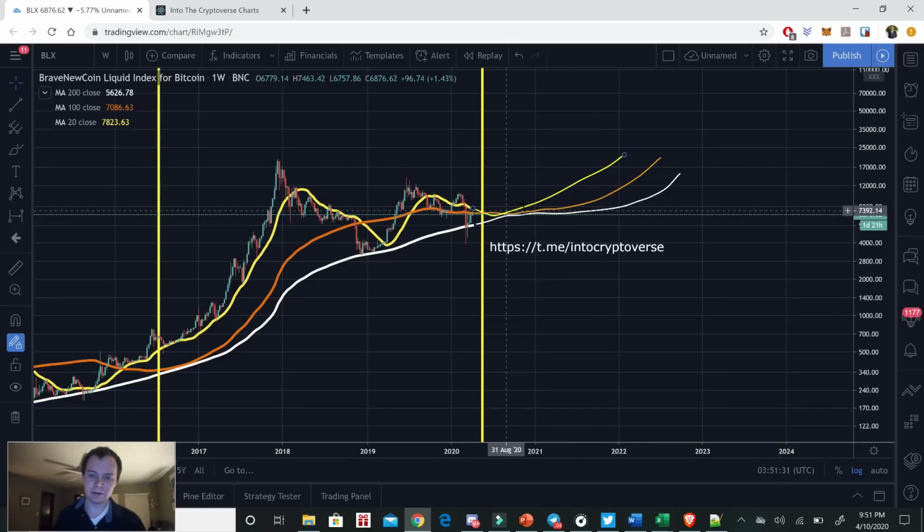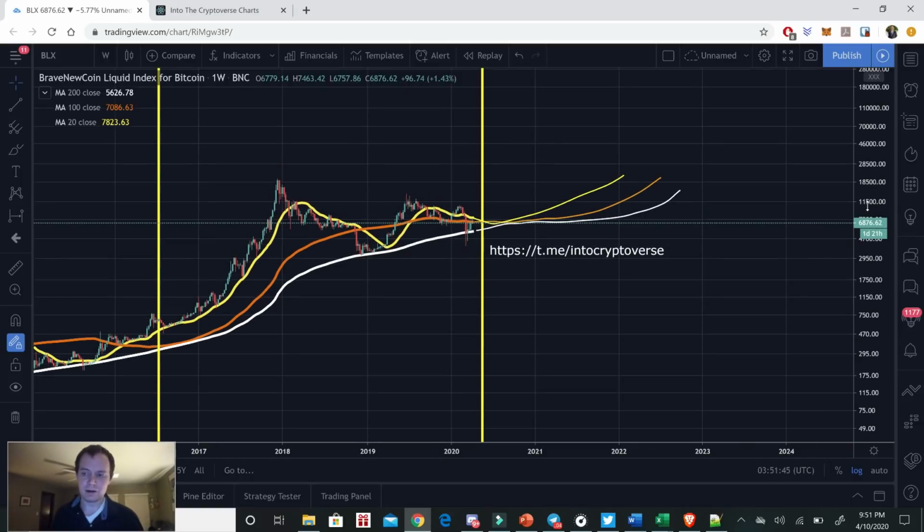It would probably stay slightly lower for longer, because we would expect the price to stay above the 20 week moving average, because this is our gauge for whether it's in a bull market or not.